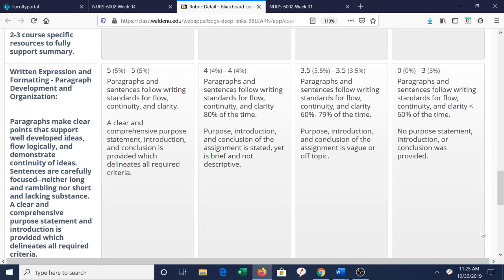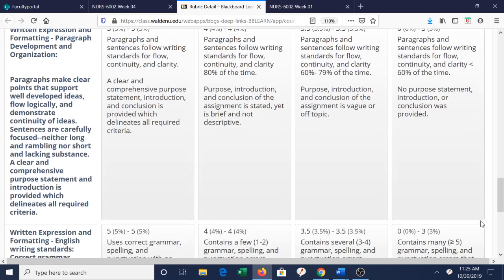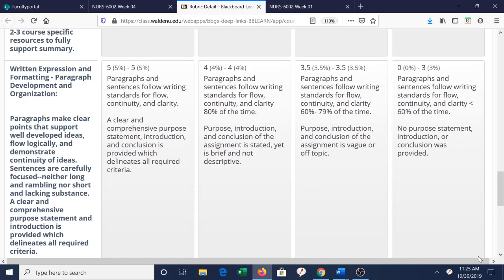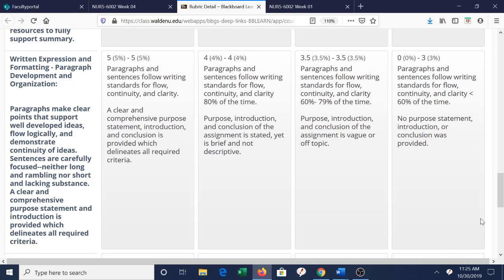Now, what doesn't count as much is formatting. 5 points for expression and formatting. But here's the important part of this. Do you see this? Your sentences follow writing standards. They're complete. They're logical. They're clear. But a comprehensive purpose statement, introduction and conclusion.